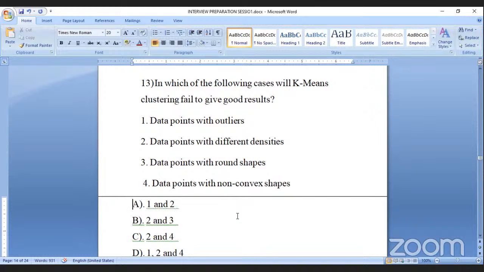Kindly make a note of it. Okay, 1, 2, and 4. Option D. Outliers, different densities. So density should be even among the data set. And on the non-convex shapes, these three affect the k-means clustering.